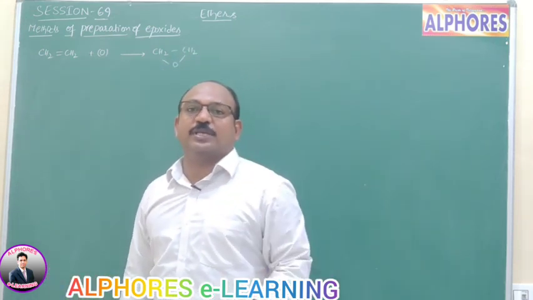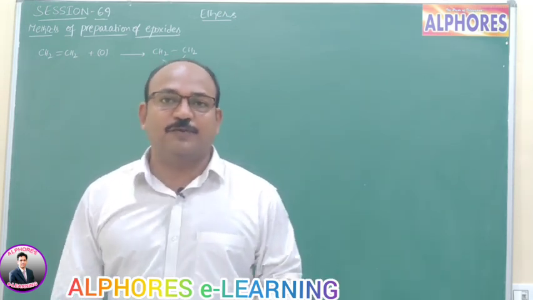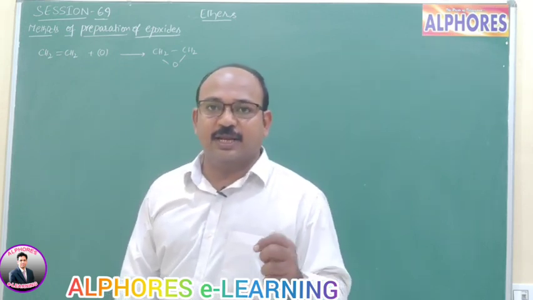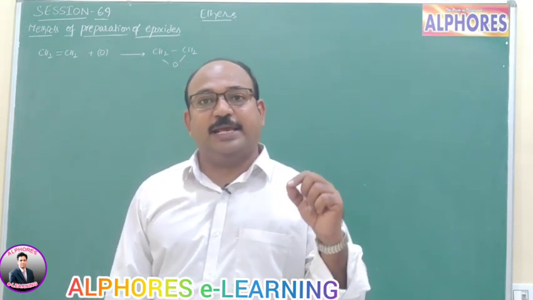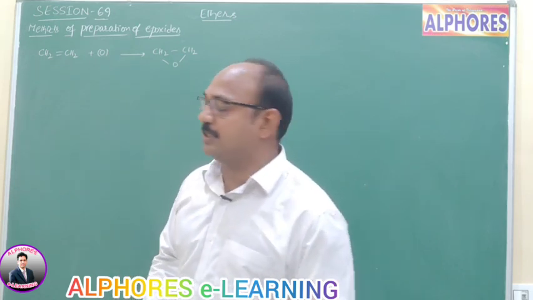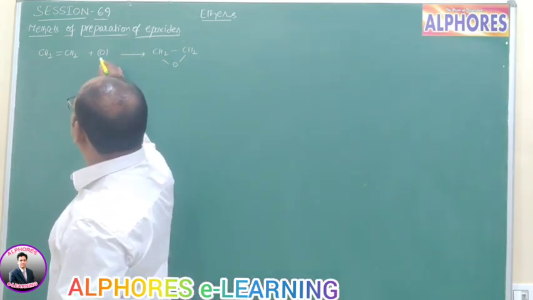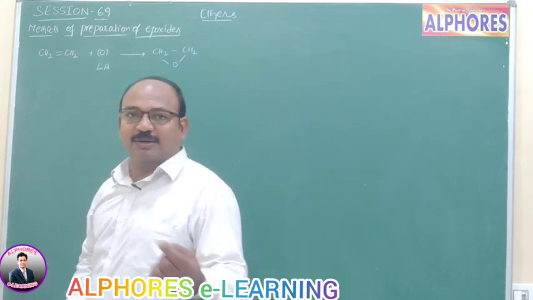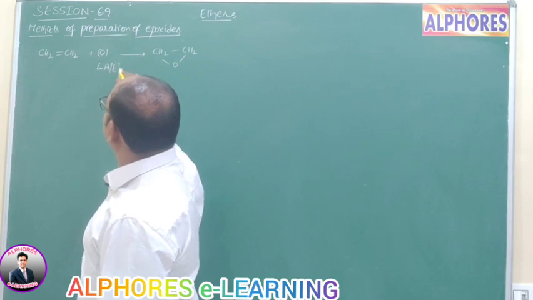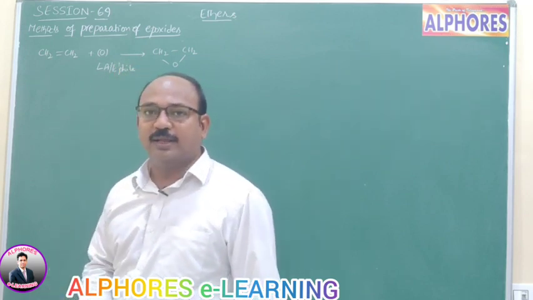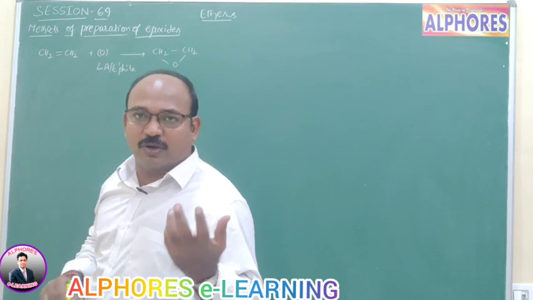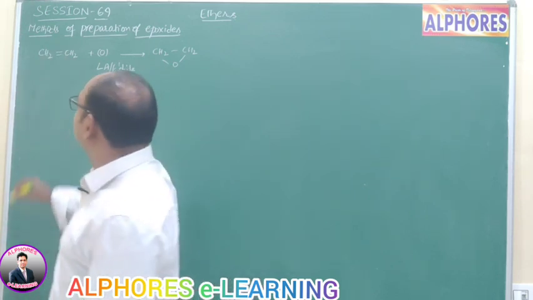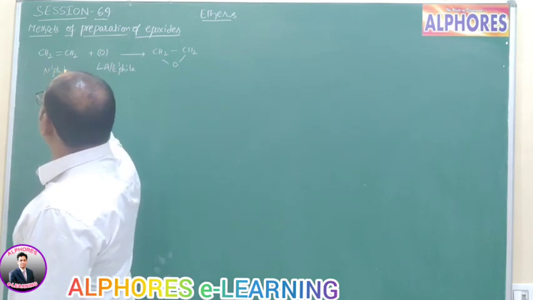So which reagent produces nascent oxygen? Generally peroxides or peracids. Now in this reaction, oxygen has only 6 electrons, which means it acts as a Lewis acid, that is, an electrophile. Oxygen acts as an electrophile, and the alkene, because of the presence of the pi bond, behaves as an electron rich center, that is, a nucleophile.